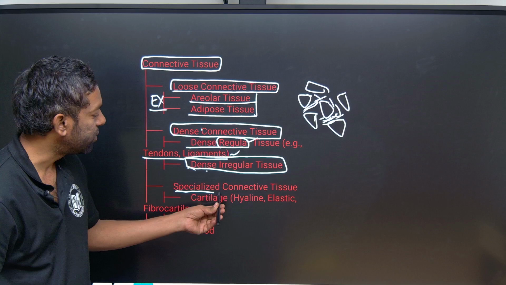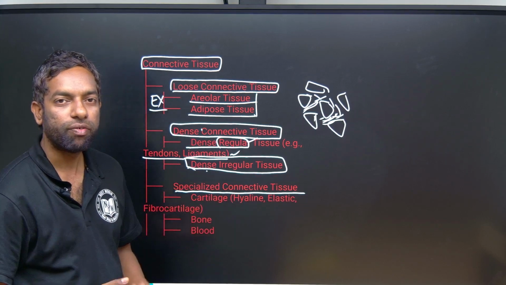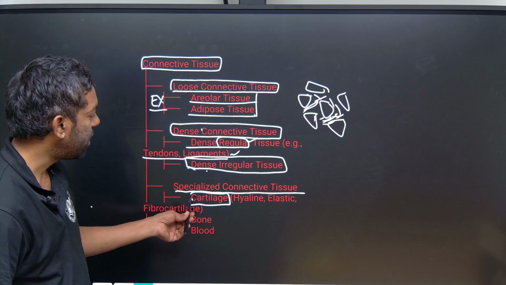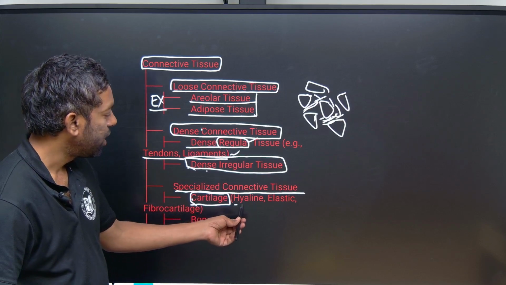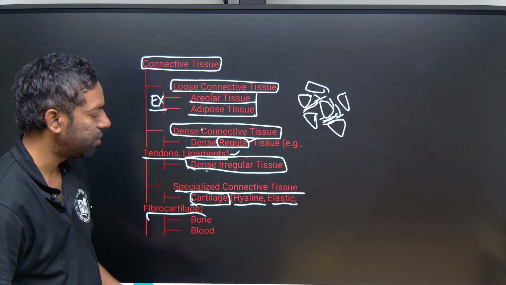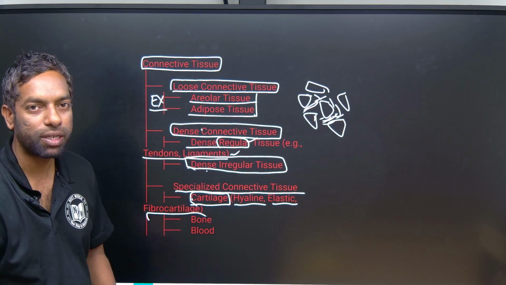Specialized connective tissue. The tissue is very special, meaning cartilage. Cartilage is of 3 types: hyaline cartilage, yellow elastic cartilage, and white fibrous cartilage.